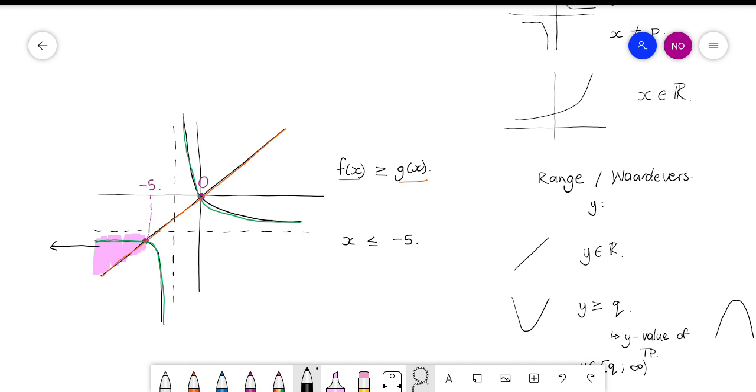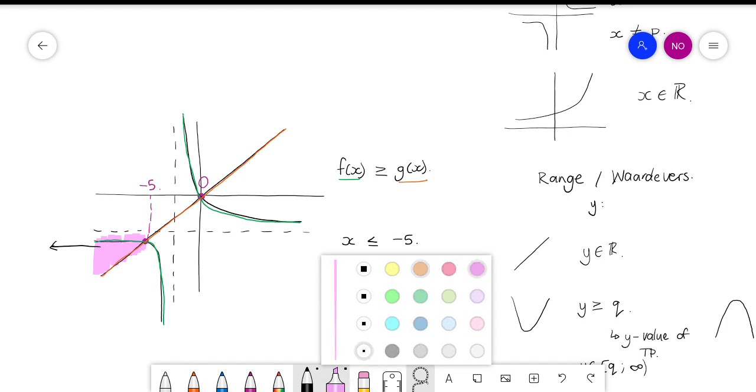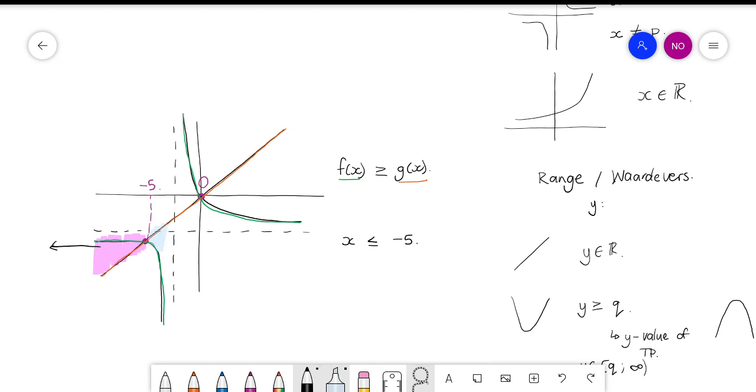Do you agree? Okay, so I'm looking from left to right through my graph now. So as ek nou van links na regs kyk hierso, and then orange is above green for this section. Do you see that there orange is above green? Okay.